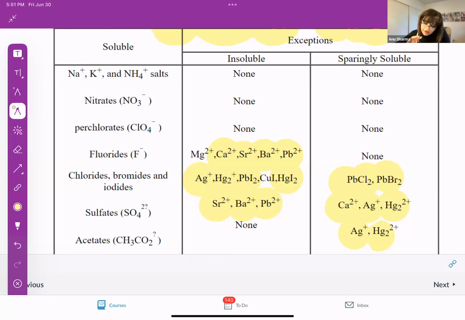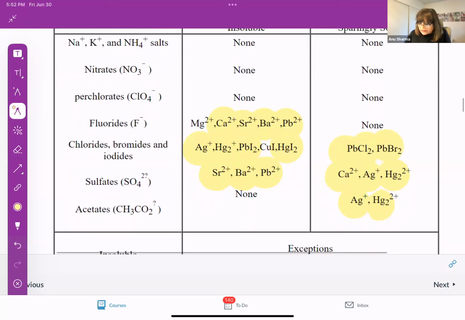So keep in mind that all the chlorides, bromides, and iodides are soluble, except barium, strontium, calcium, mercury, lead, and silver. And magnesium fluoride, I don't know why, is also insoluble. And copper iodide is also insoluble.